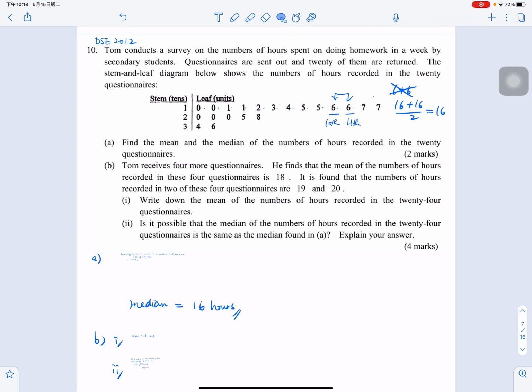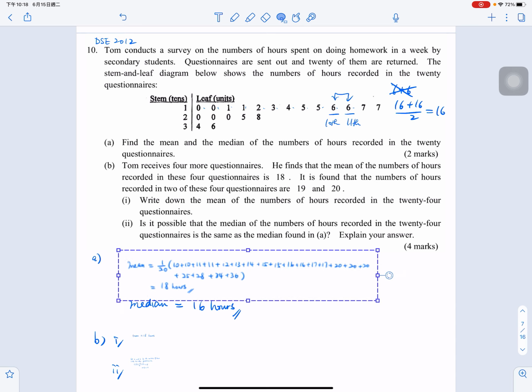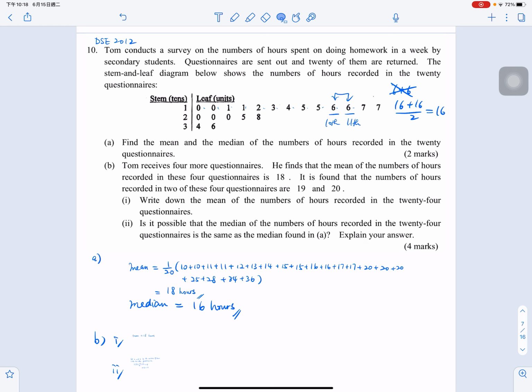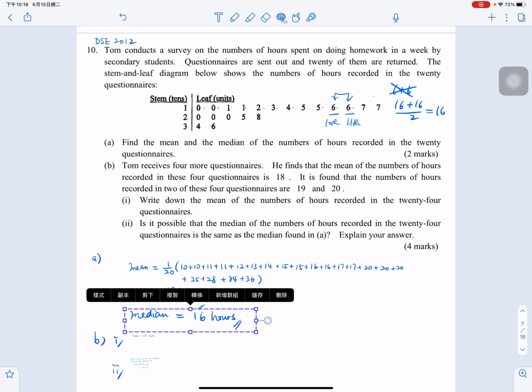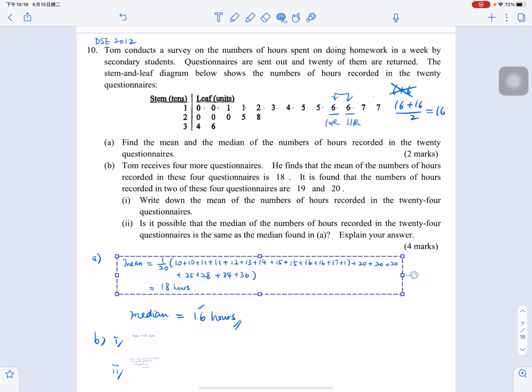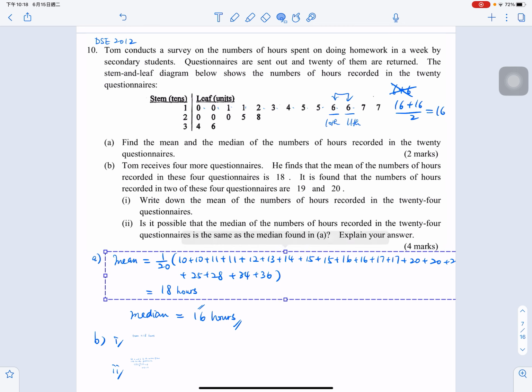How about the mean? Then you need to pick up all the values and calculate. So you see that this one, just move it down and show this one. So what is the mean?